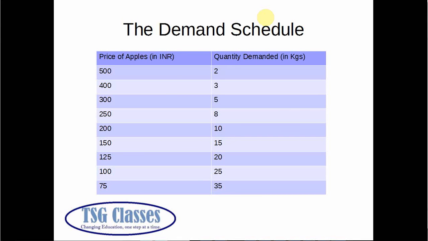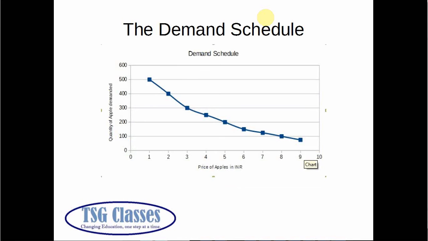If you plot the demand with the quantity demanded, the price of the apples is on the y-axis, and the quantity of apples demanded is on the x-axis. The axes have been incorrectly mentioned in the video. We'll make the correction.